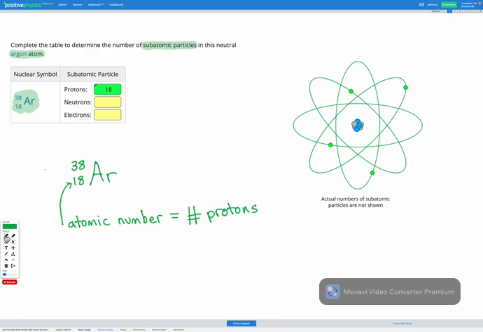The number on the top here, this is the mass number. And the mass number is the number of protons and the number of neutrons added together.